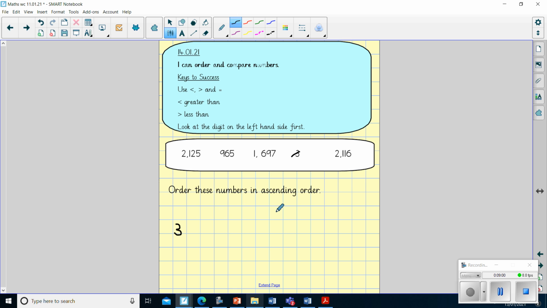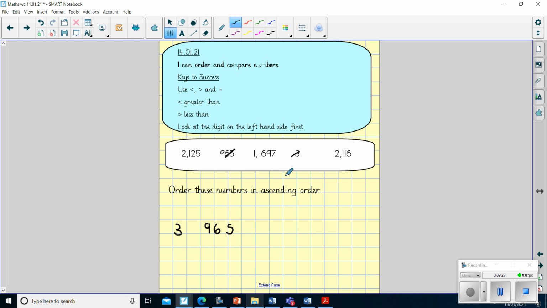Now I'm looking for any other 1-digit numbers. There aren't any. Looking for 2-digit numbers, and there aren't any. So now I'm looking at 3-digit numbers, and I can see here I've got 965. There aren't any other 3-digit numbers, so that must be my next number. Okay, I'm going to cross that out so I know I've done it.